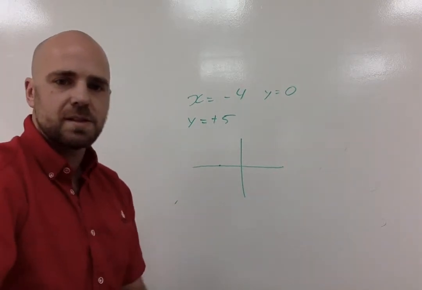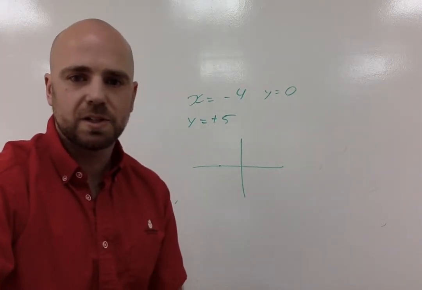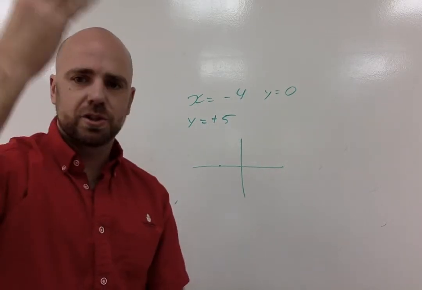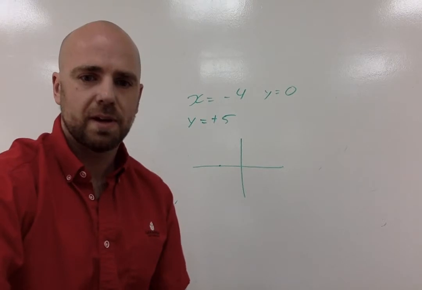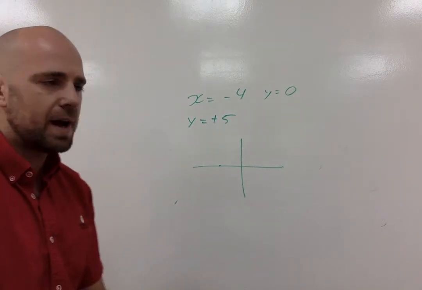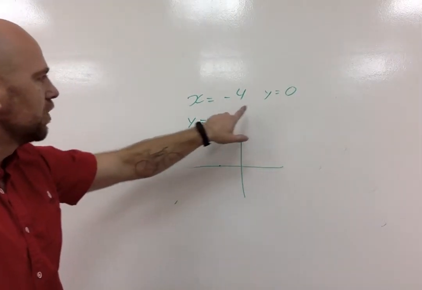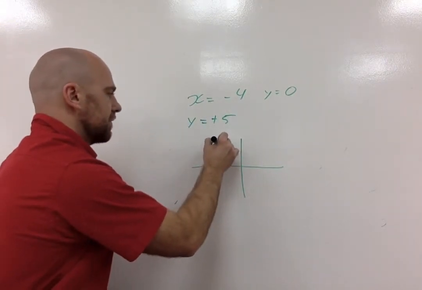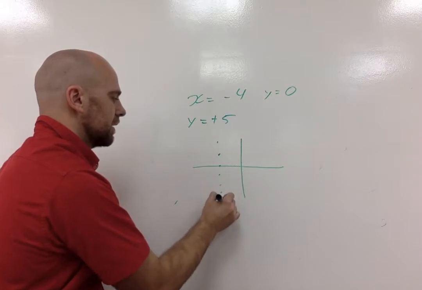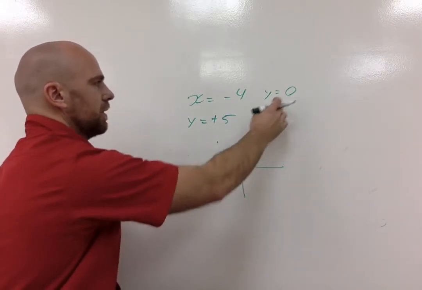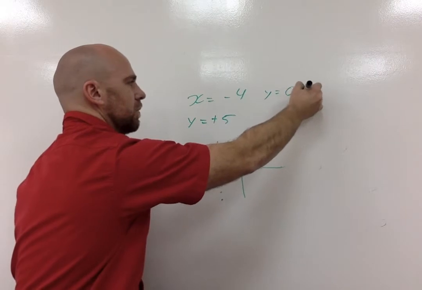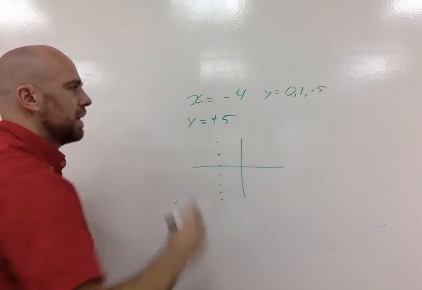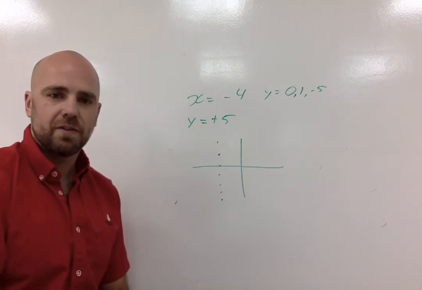This is the type of relationship that is just going to be going straight up and down. Because if we don't have a y, no matter what, our x is going to be at negative 4. No matter what we put in for our y, 0 or 1 or negative 5, any one of those situations, my x is going to be negative 4.